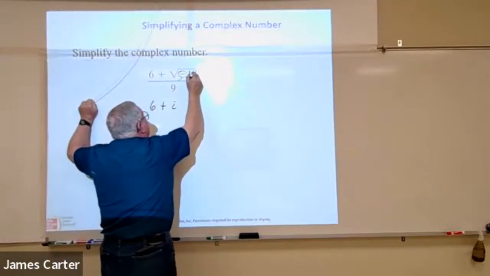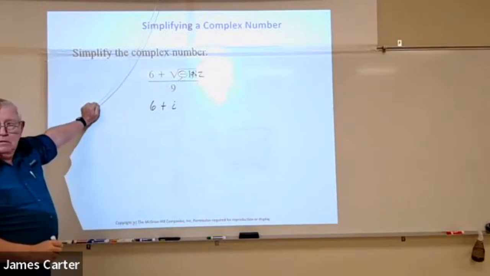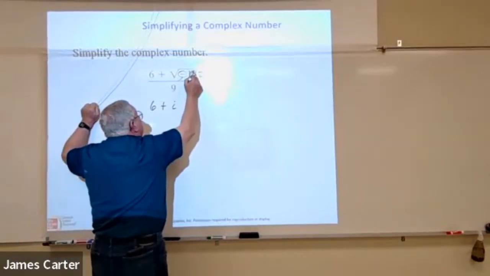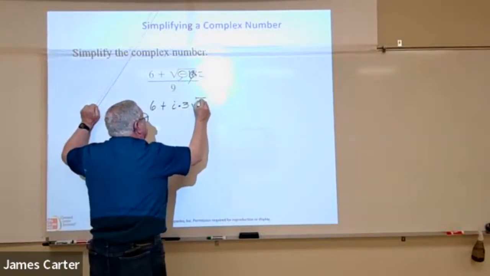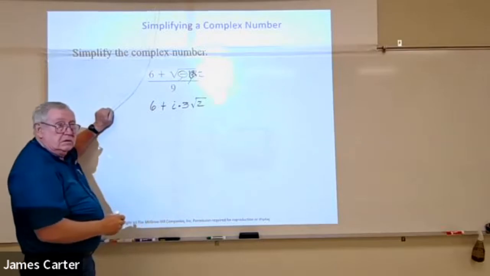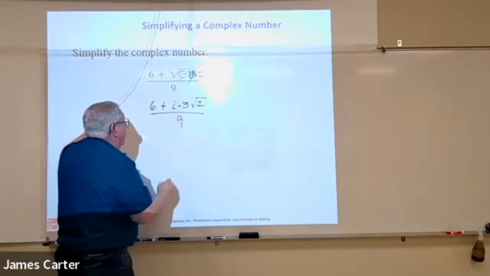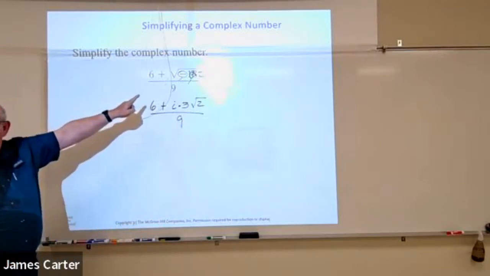We're going to make this into 9 times 2, right? And we're going to extract the 9 to a 3. And I still have a radical 2 there, all over 9. Okay, everyone understand exactly what I did here?